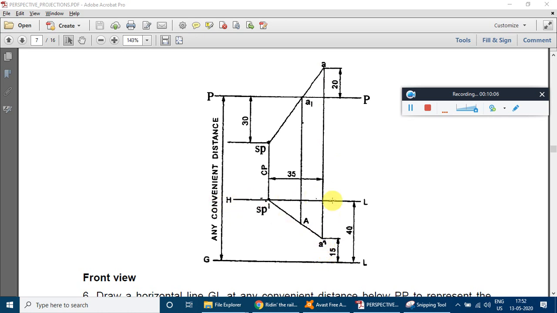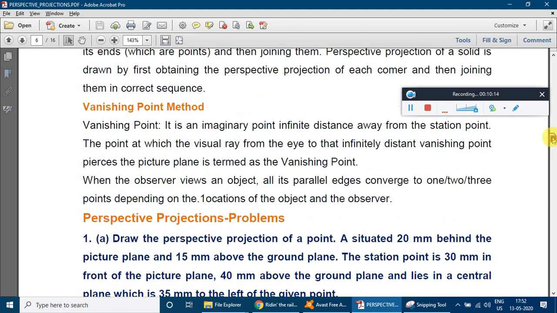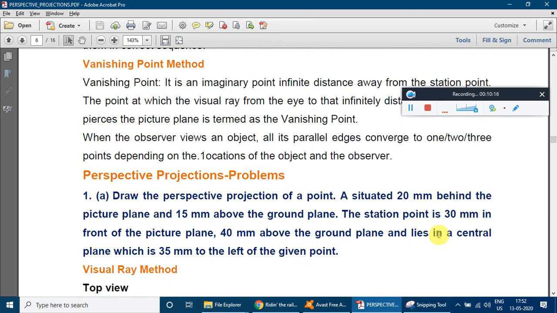It lies in a central plane which is 35 mm to the left of the given point. You can see here, this is the central plane CP.